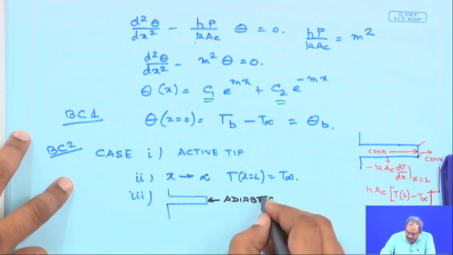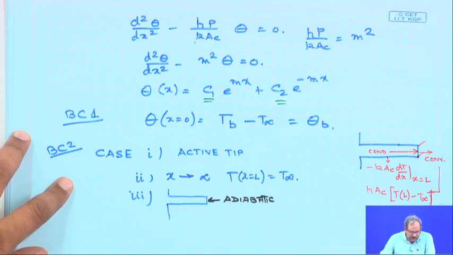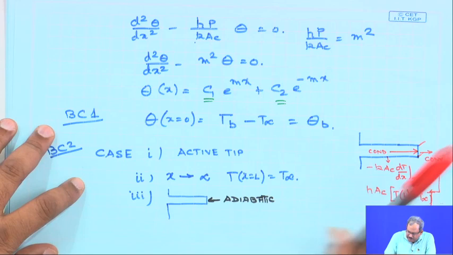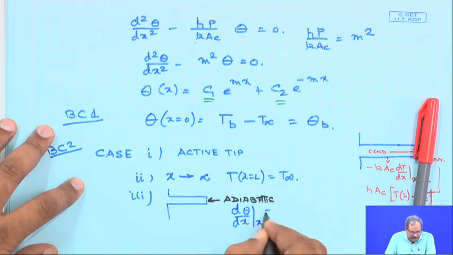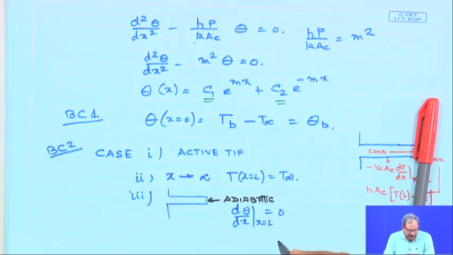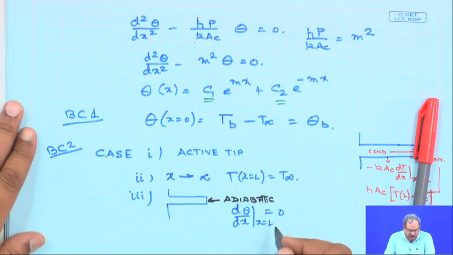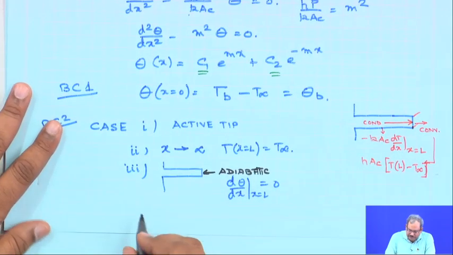The third condition is that the tip of the fin is adiabatic. If the tip of the fin is adiabatic, then the corresponding boundary condition would be d theta dx at x equals L is 0. That is a standard condition you would get for any adiabatic surface.